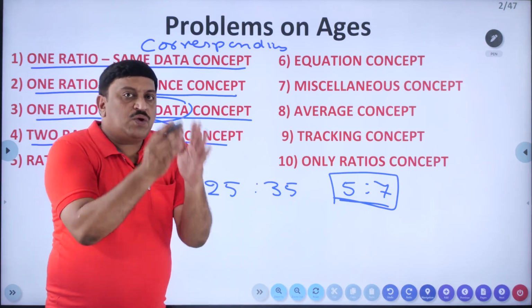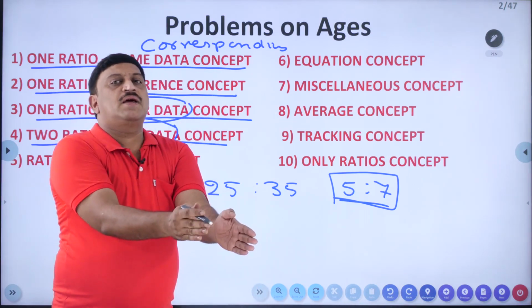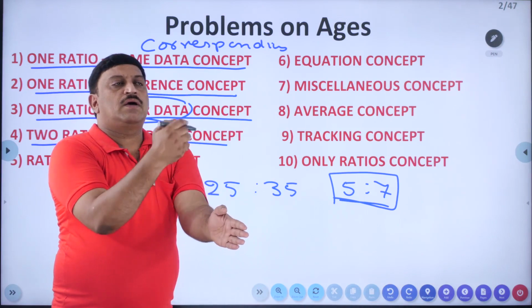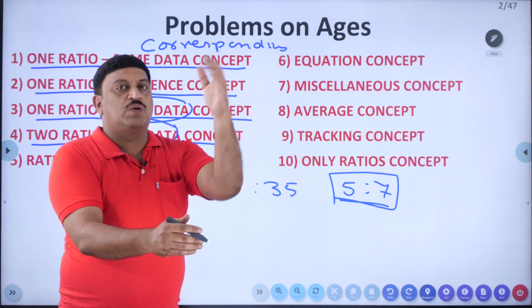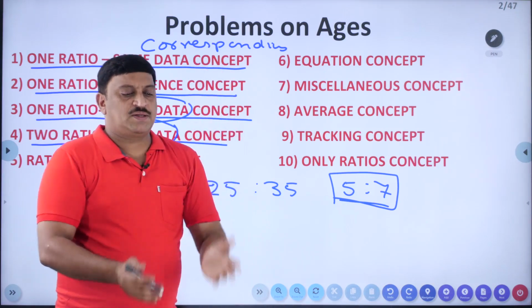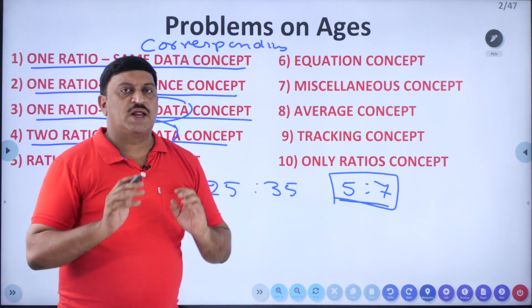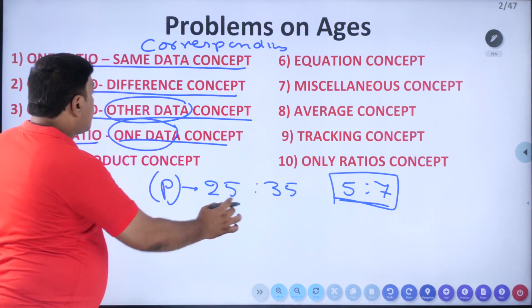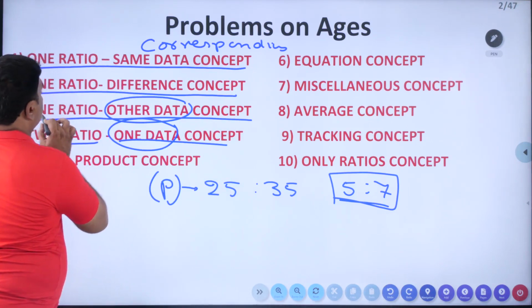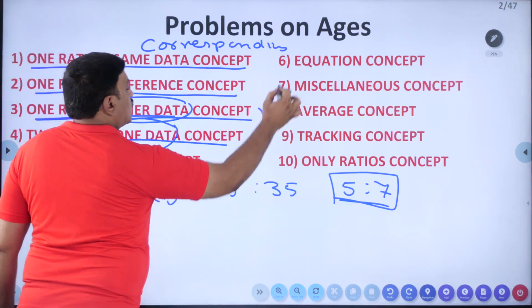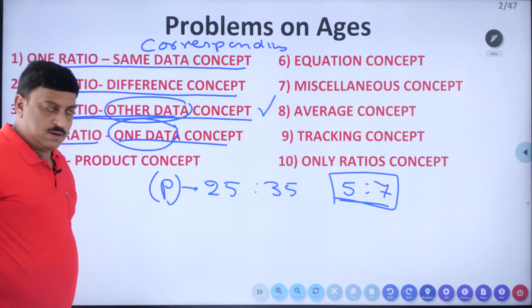So whenever they don't give the present data, and whatever they give is after 10 years, after 5 years, before 5 years, before 10 years, like that, that is named the one ratio other data concept, right?